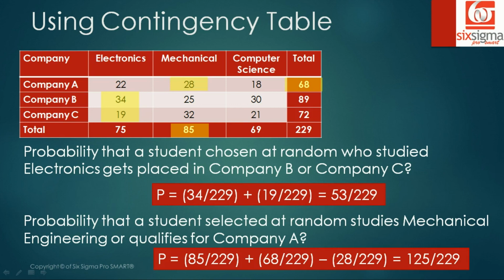We need to subtract the common portion which has appeared in both mechanical engineering and company A, and this would have appeared twice. So this is a typical union problem where you see a slight overlap between the two events. So we simply subtract 28 over 229, and this number comes out to be 125 over 229, which can be computed.